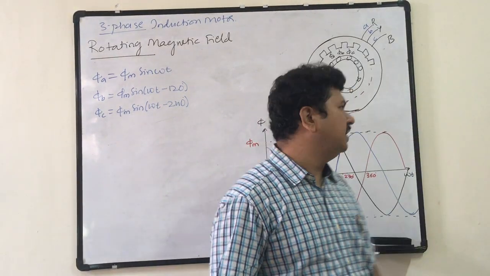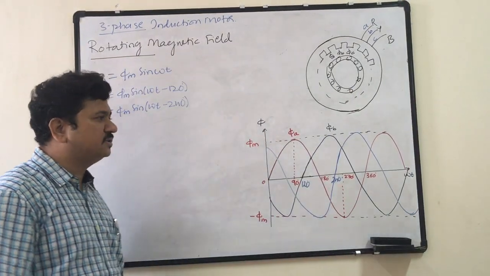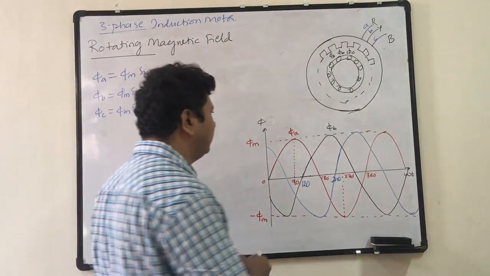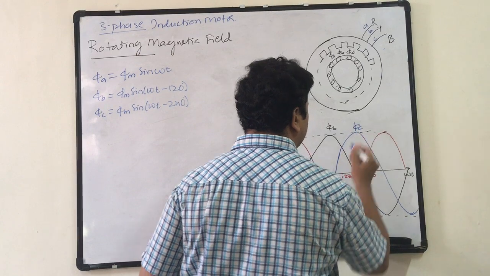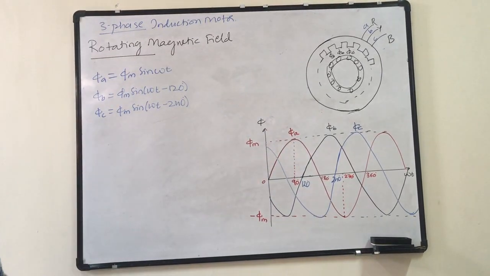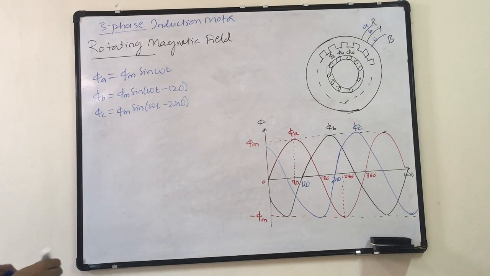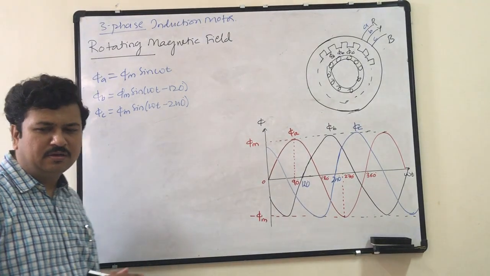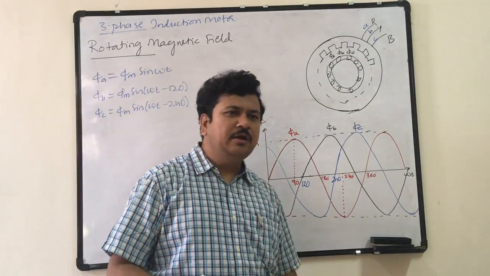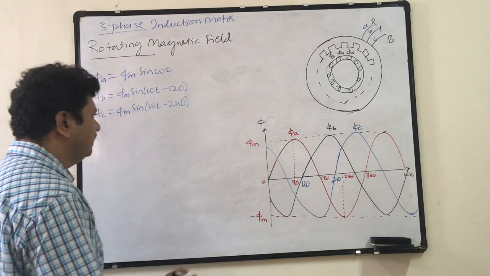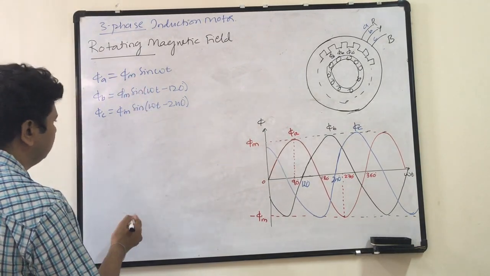Okay. Now we will see what resultant flux I get when the three fluxes phi A, phi B, phi C interact with each other. So what if I draw the vector diagram? This is the waveform. Whenever I want to add alternating quantities, I don't go along with the waveforms, I go with the vectors. So I will draw the vector diagram as per this equation.